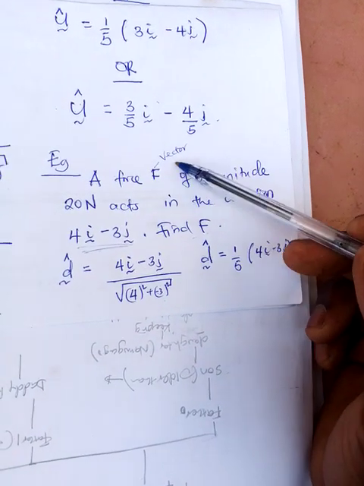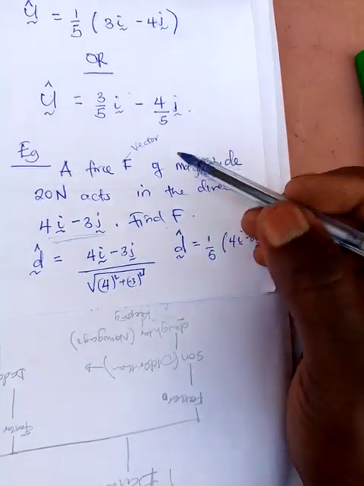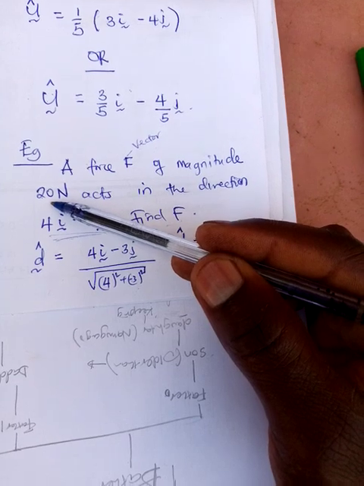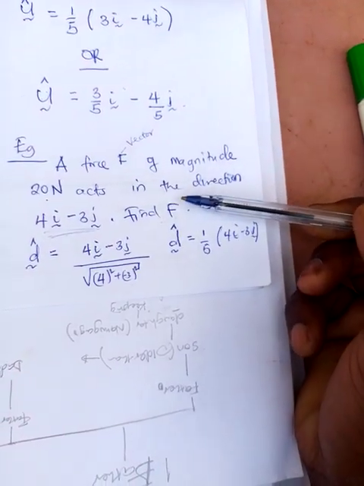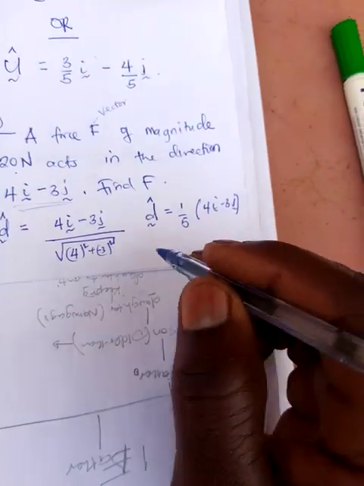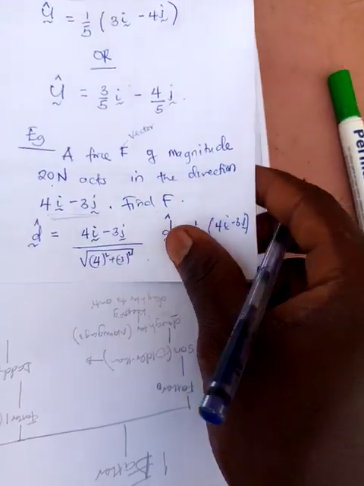So this force is the vector, which we can say vector v maybe, and its magnitude is 20. So just needed to get the unit vector of its direction, and then you say this vector F for that force. This one is done.